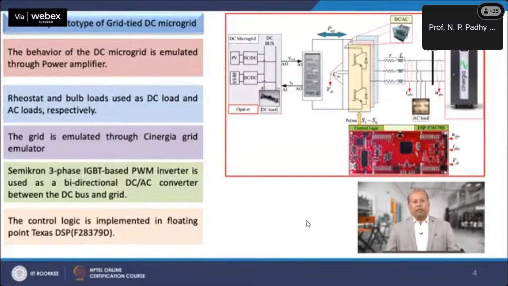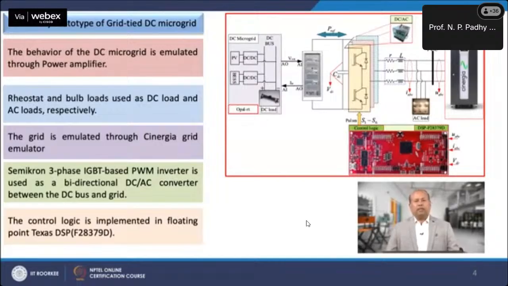In the Opal RT, the DC microgrid is simulated, which contains PV, battery and variable DC loads. The scaled down DC bus voltage is given to the analog input of the power amplifier. The current fed to this power amplifier is given to the analog input of the Opal RT.